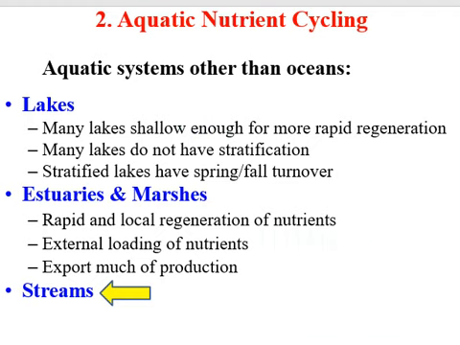So a lot of focus on the ocean. Now, granted, the ocean deserves a lot of attention because the ocean is huge in comparison to the other water on Earth. So what about besides the ocean? There are a lot of lakes that are shallow, so there's a lot of light. In fact, you have sediments on the bottom where plants can grow. And they're not deep enough for stratification, and it's not thousands of meters that these nutrients have to go. So lakes can be pretty productive.